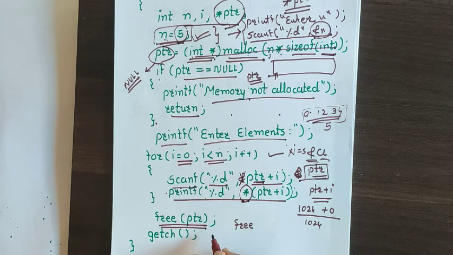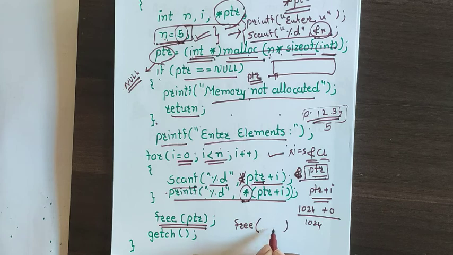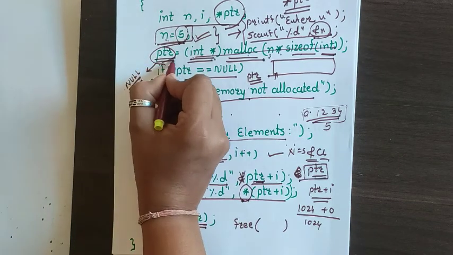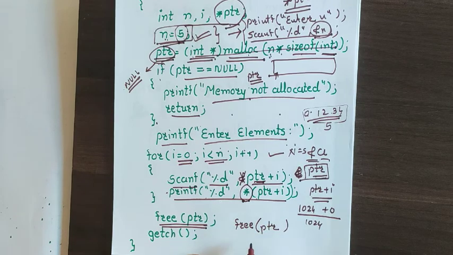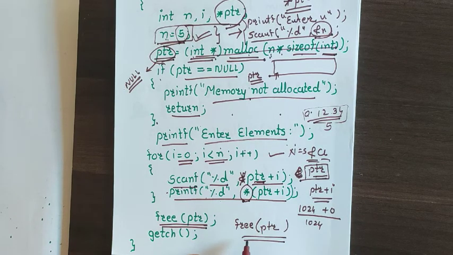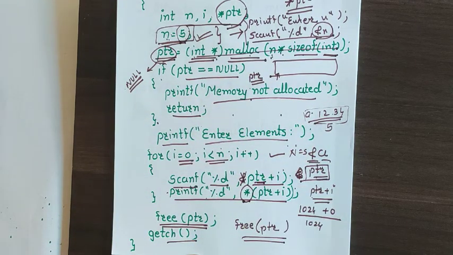So at the end of the program, you need to free that memory. In free, in brackets you need to write the variable name. So I need to write free ptr, so it will free up that space that is occupied by us in this program, and then getch.